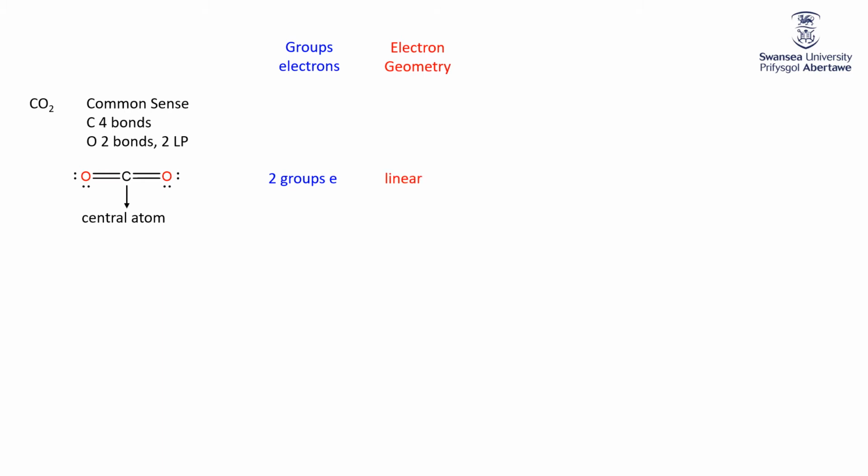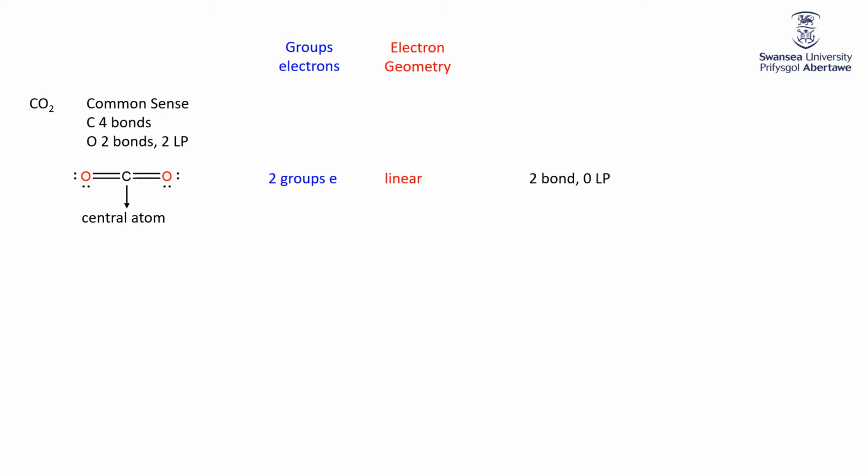Now that's as far as the carbon is concerned. It's got 2 groups of electrons around it. It is linear. As far as we're concerned though, we don't see lone pairs on the central atom. We just see bonding pairs and the effect of the lone pairs. So that's the question for going from electron geometry to shape. Yep, there's 2 groups of electrons, but are they bonding? Are they lone pairs?